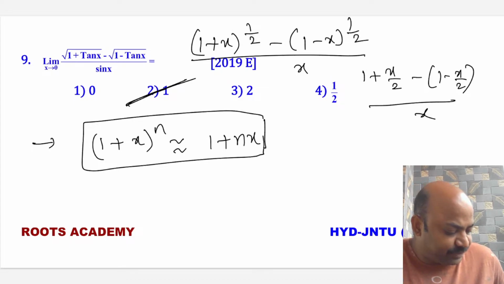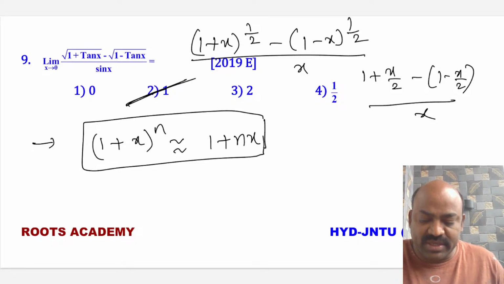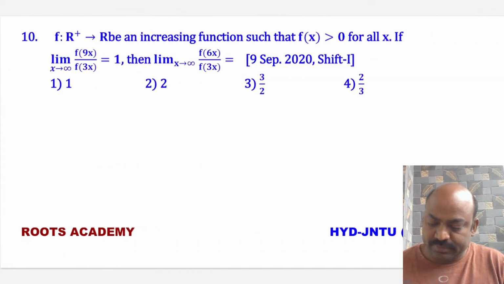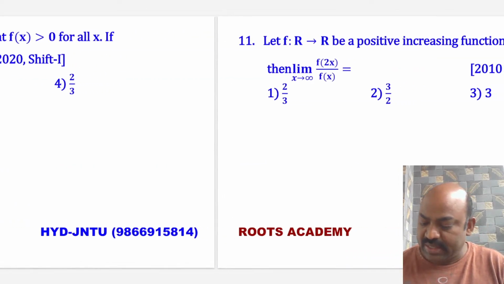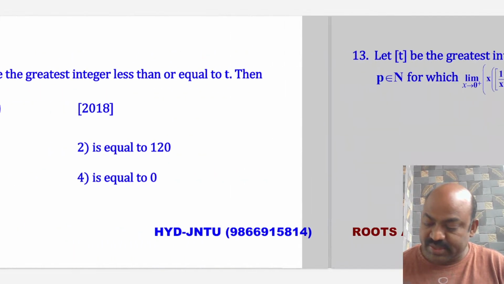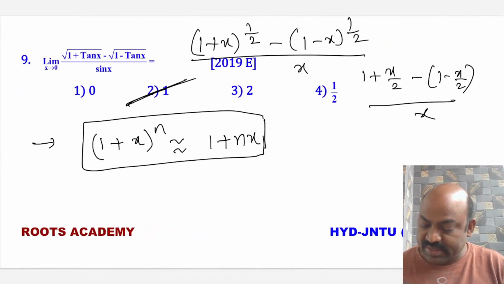Are you observing how many questions we did till now? We learned the concept and we are doing a lot of questions, right? Now the next question. This is another concept.